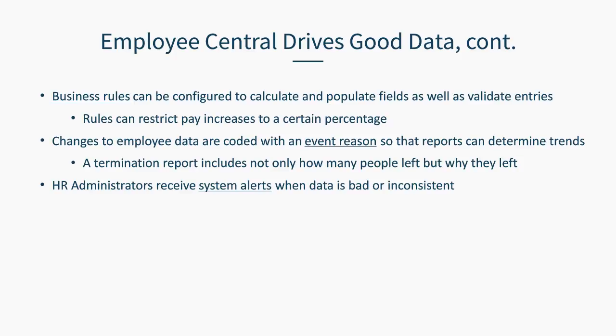And finally, system administrators receive system alerts when there's bad or inconsistent data. So that if for some reason bad data has been put into the system and it wasn't caught, an HR administrator is going to have a tile on their homepage that identifies areas where there are inconsistencies so that they can be addressed.